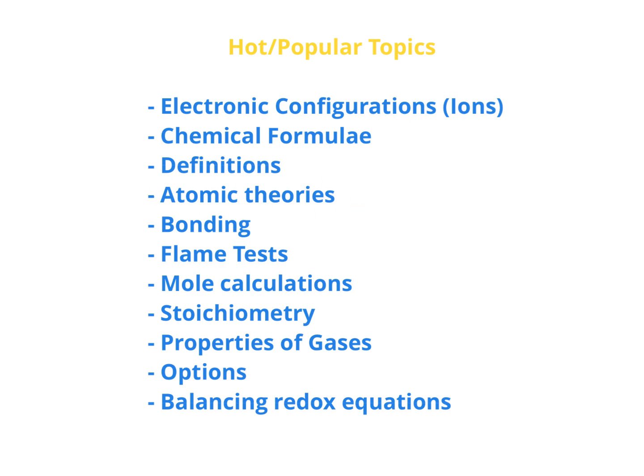With your atomic theories, you will be looking at Bohr's model, the plum pudding model, the discovery of the nucleus, the discovery of the proton, etc., with Rutherford's gold foil experiment. So all of those pop in there under atomic theories. Next, we can see bonding. When it comes to bonding, you could be asked to maybe draw a dot cross diagram.